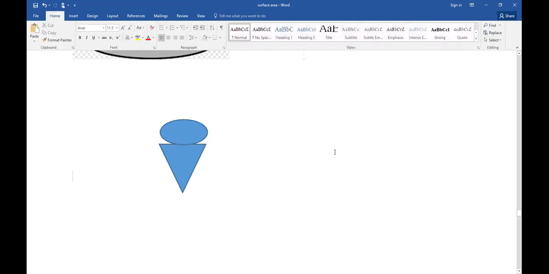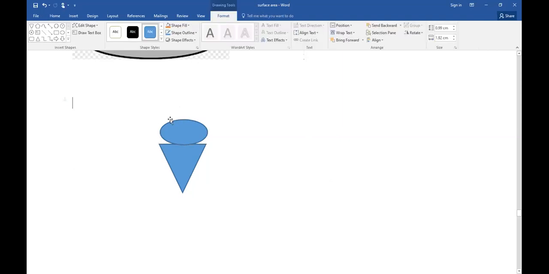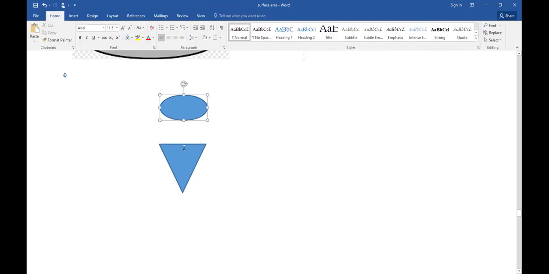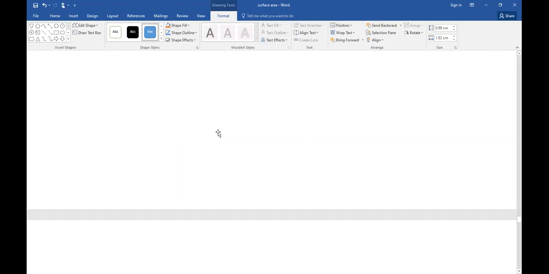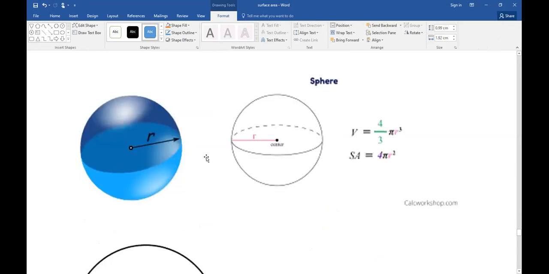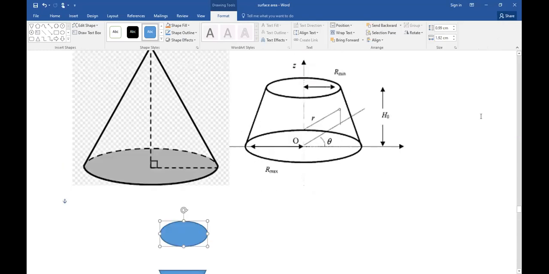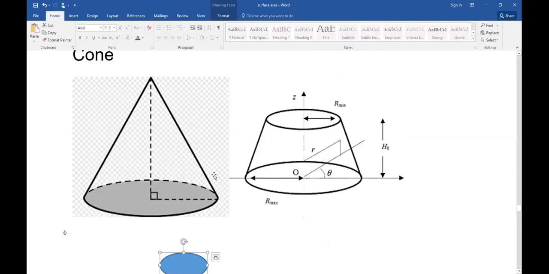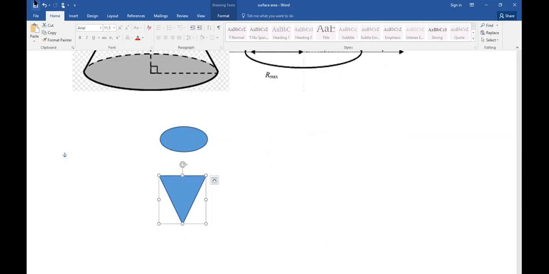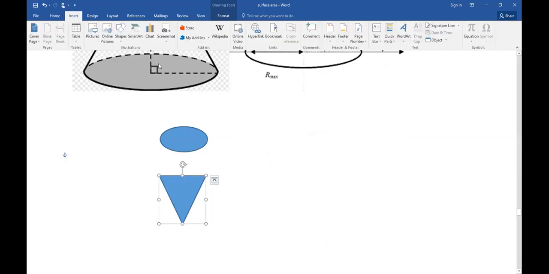So a cone is going to be formed by, if this one is like having a net of a cone, I'm going to have two shapes, a circular part, and then I have the curved surface area. If you look at this diagram here, you can see the circular part, and then this is a curved surface area.